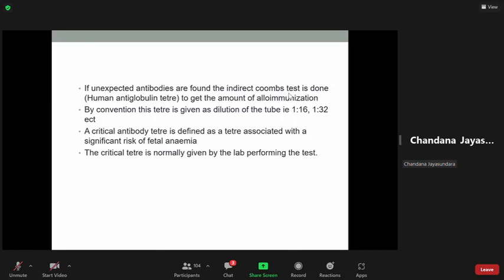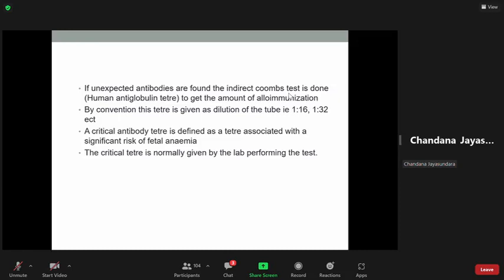So then we have to realize about the critical titer. The critical titer is a titer, when we check from the hematology lab, that has antibodies that will cross the placenta and damage the baby.